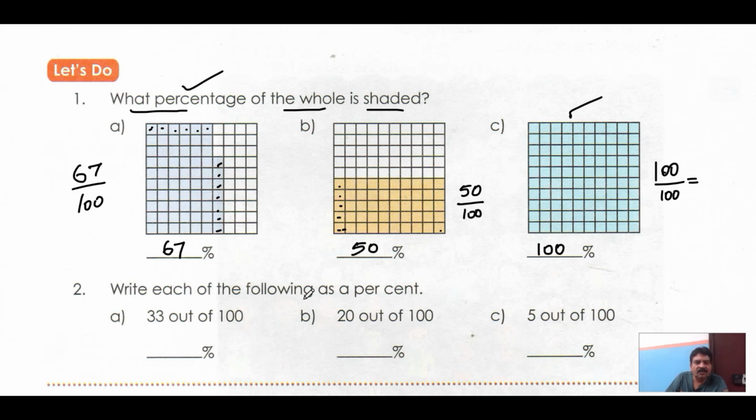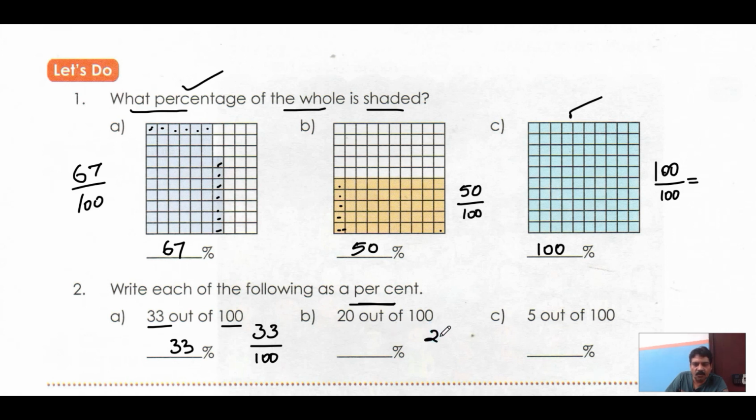Write each of the following as a percent. So 33 out of 100. You know anything out of 100 is percent. That's why 33 out of 100 is 33%. Now come back to the second one. 20 out of 100.